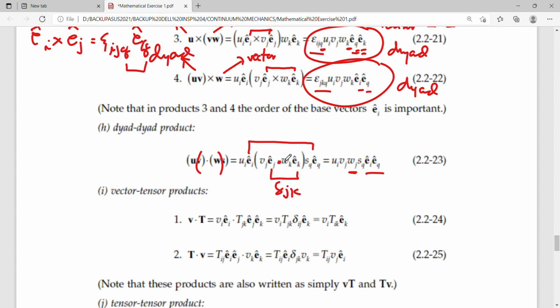Some books may present a double dot product, triple dot product. They are just defining those special details of the operation to satisfy their objective in a particular problem. Since we are just here to do some mathematical understanding, we don't go very deep on that level yet. So this is u_i v_j w_j s_q e_i e_q again.